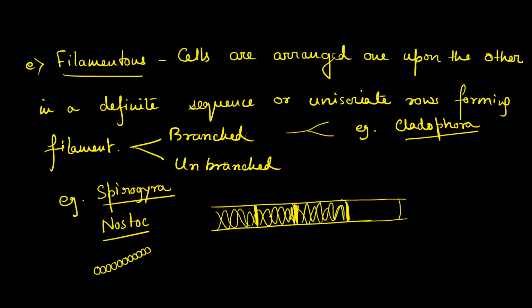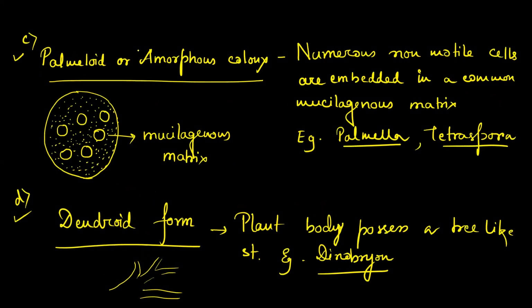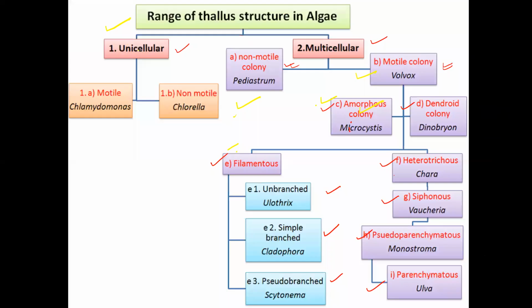Go to the next slide. See, pseudobranch type, what do we see? In pseudobranch type, I'm again going back to this. These are the various forms, and this is what we are studying.